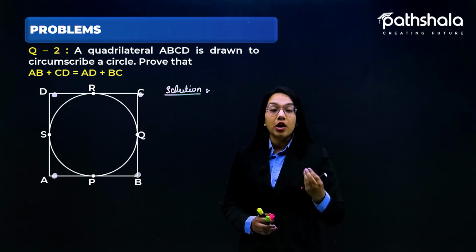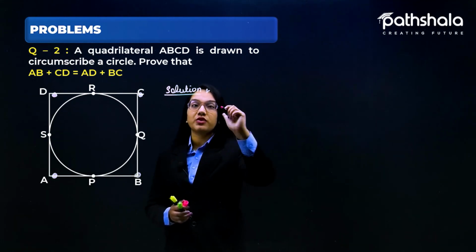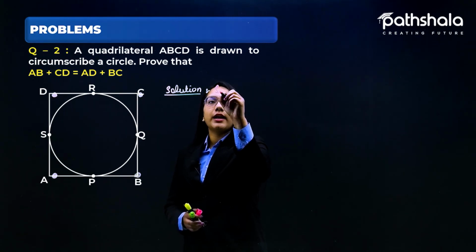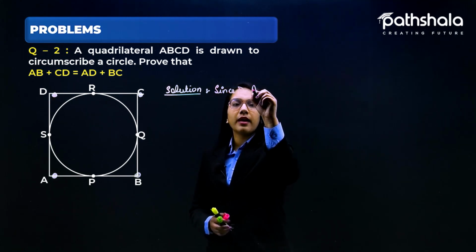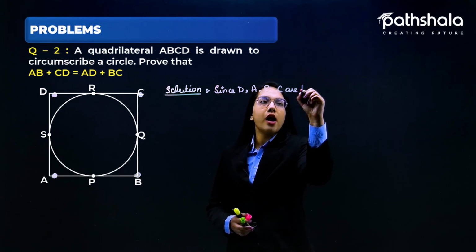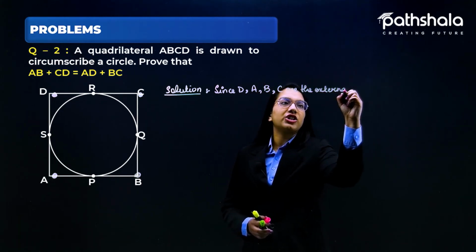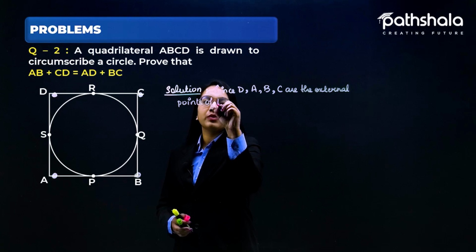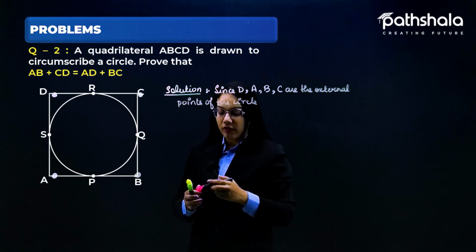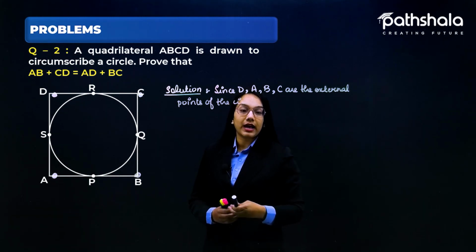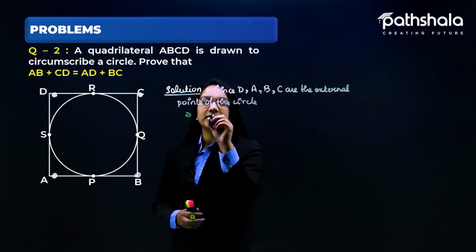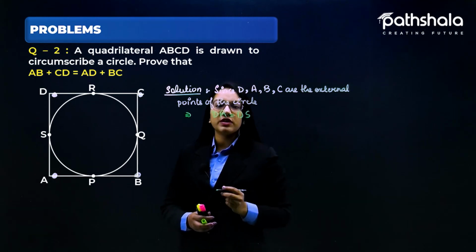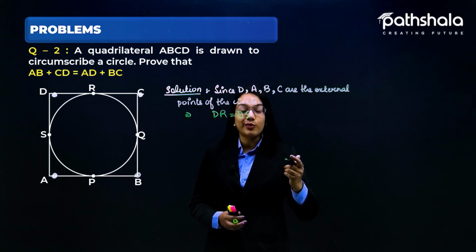So we can conclude that since D, A, B, C are the external points of the circle, DR is equal to DS.